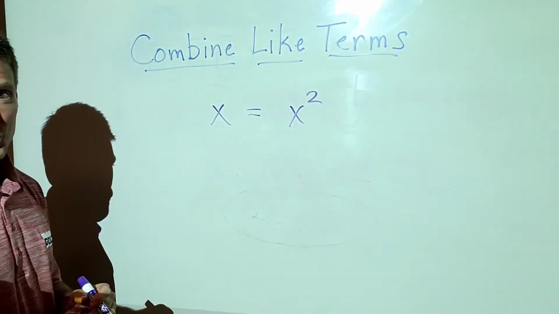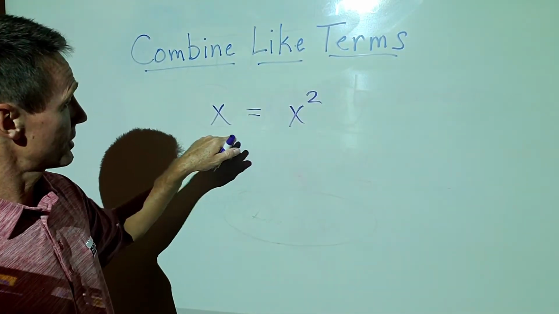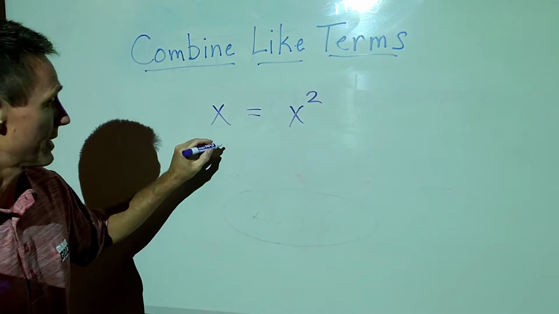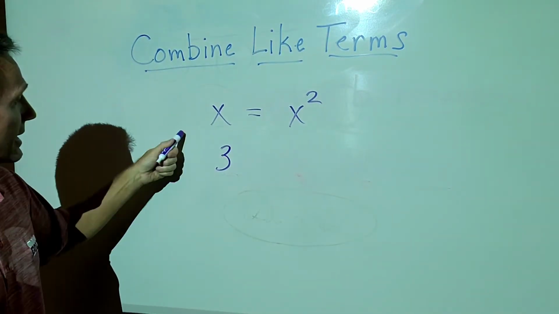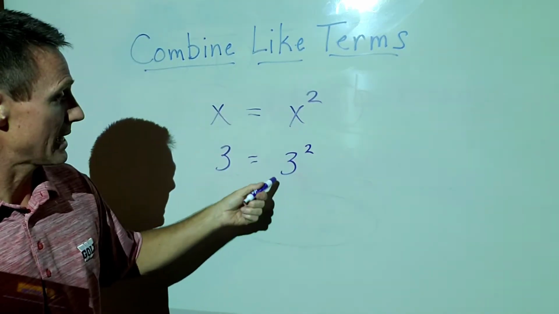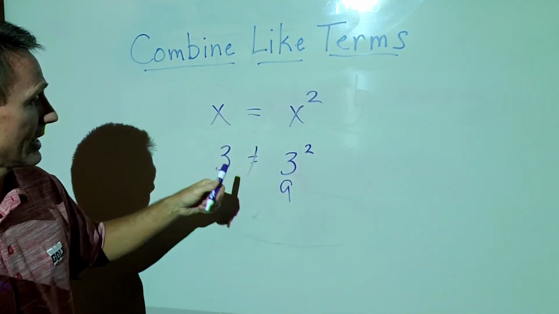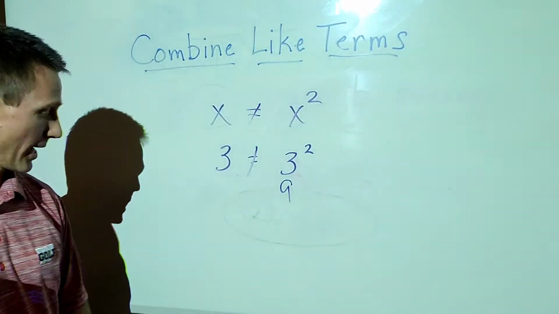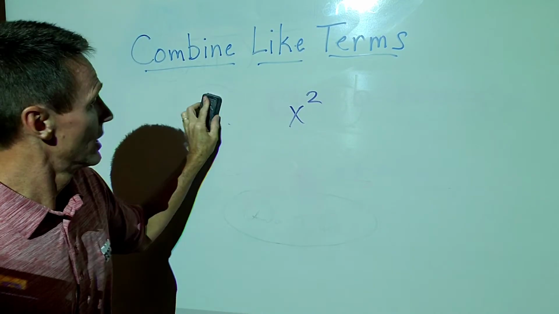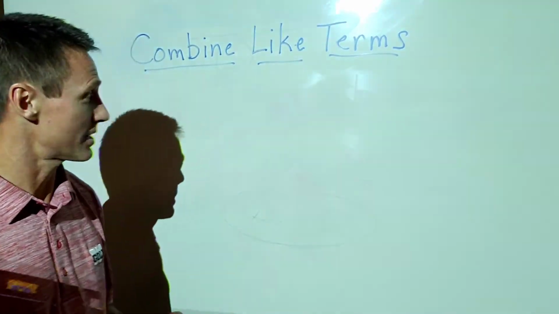Okay, hopefully you're saying that is false, so that means those would not be like terms. And let's just prove this. So let's say x is 3. Okay, so if x is 3, 3 squared would be 9, and obviously 3 does not equal 9. Okay, so anytime we add an exponent with our variable, that changes things.